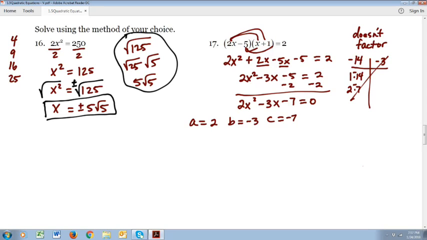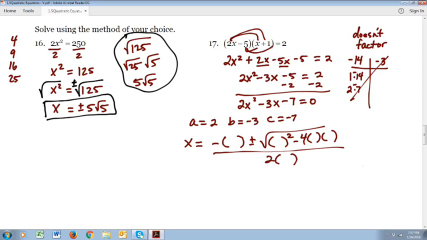So a is 2, b is negative 3, c is negative 7 here. I'm going to make a shell here with the quadratic formula. Let's see, b is negative 3, and a is 2, and c is negative 7. Make sure you get all your numbers in the right place.